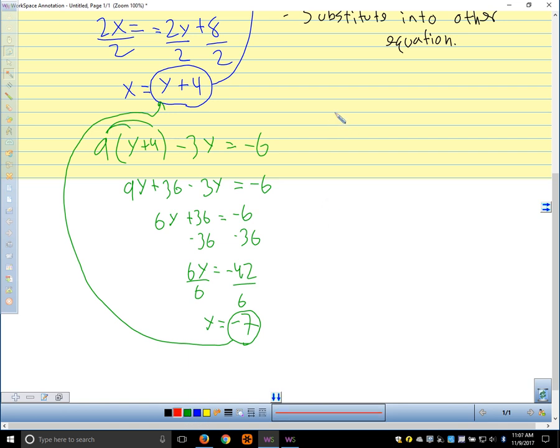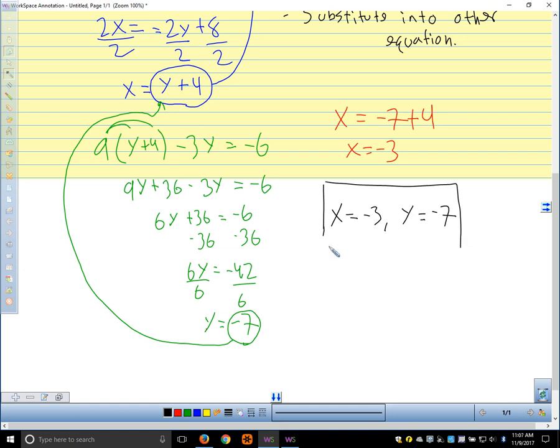So I get x equals negative 7 plus 4, which is negative 3. So my solution to my system of equations is x equals negative 3 and y equals negative 7.